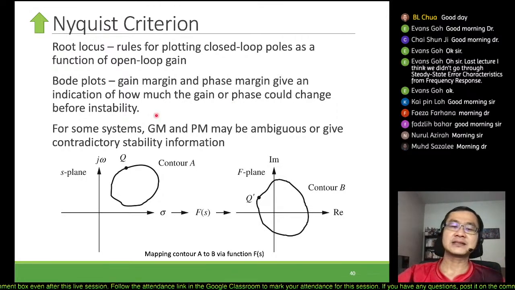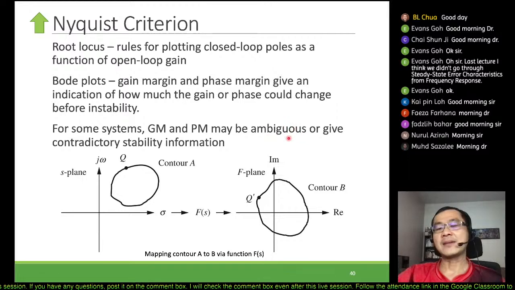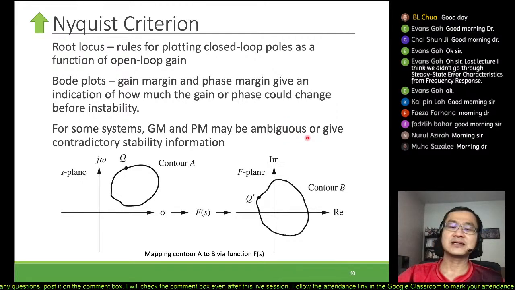But then somehow in the bode plot diagram, okay, where we have this gain margin and phase margin indications, the problem is that they may somehow be ambiguous, okay. Ambiguous means looks like true, not true, okay. They have maybe two meanings, okay, because of the signage itself, okay. So they have contradicting stability information sometimes, right?